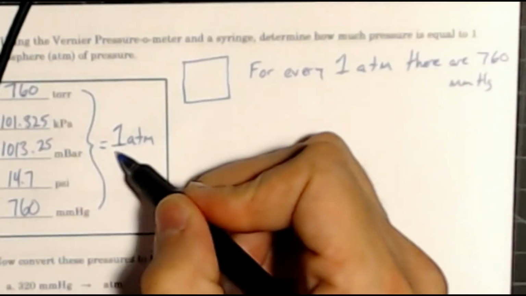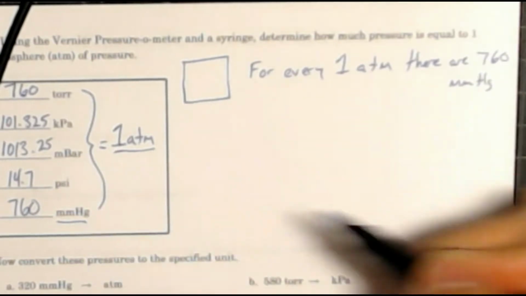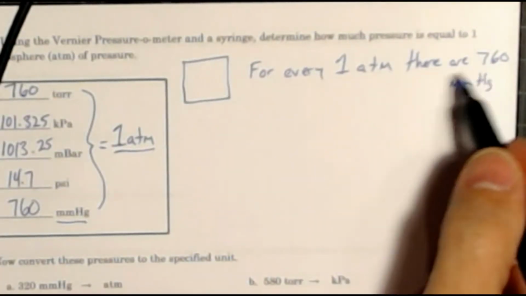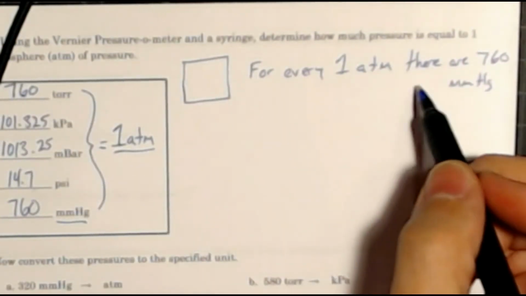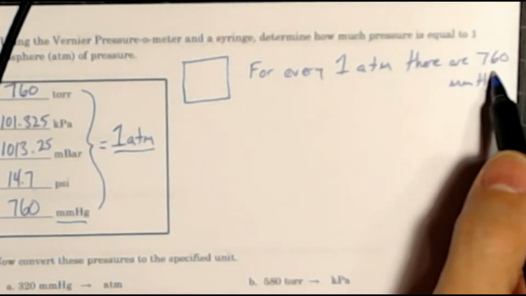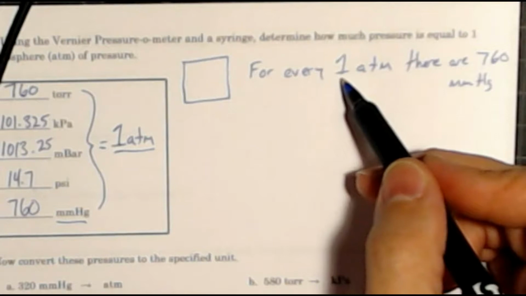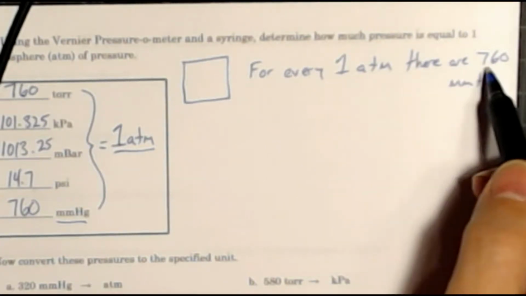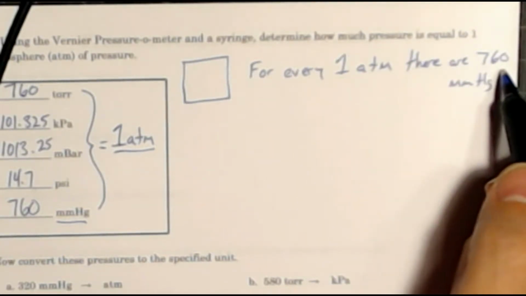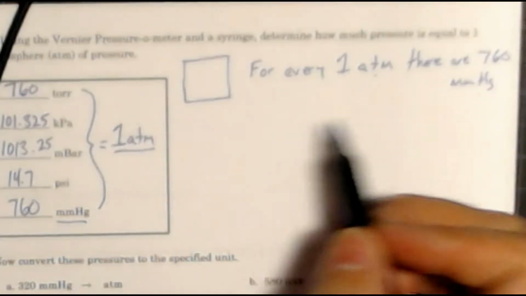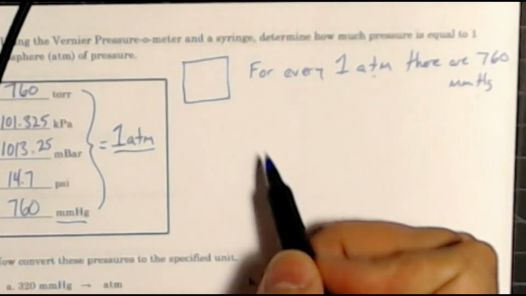Well, that links atmospheres and millimeters of mercury. And that's a relationship. Since these are all equal, this is just a fact of nature. Since we're measuring pressure, it's just saying, like, for every 32 Fahrenheit, there are 0 Celsius degrees. So we could also write for every statements for all of these.